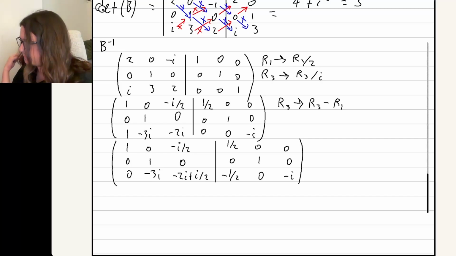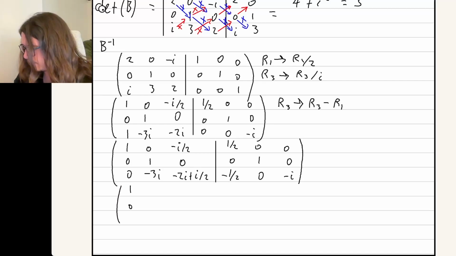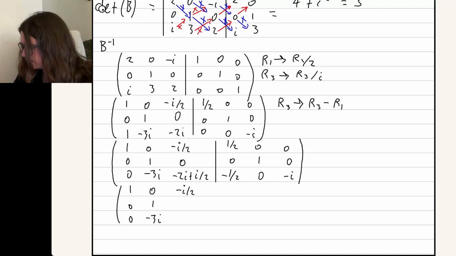Alright. Now row 2 is already looking how we want it. So let's just simplify the matrix for now, because I think it'll be good for us to do so.